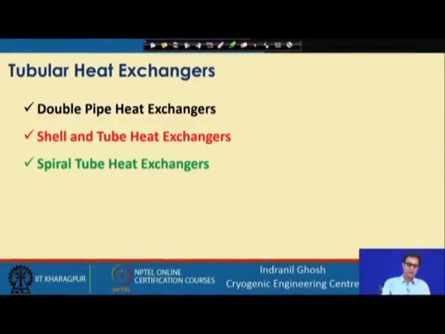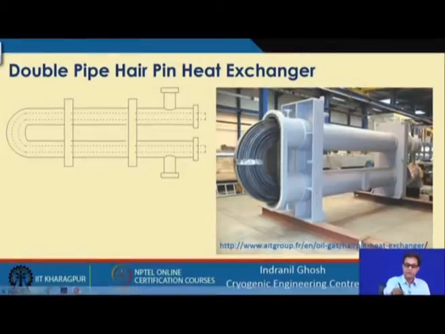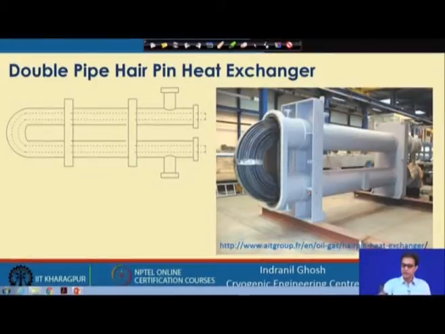So, the double pipe heat exchanger, if you look at it, you can understand the size of the exchanger from this diagram, and you will find that the fluid is coming from one end to the other end through this bunch of tubes.